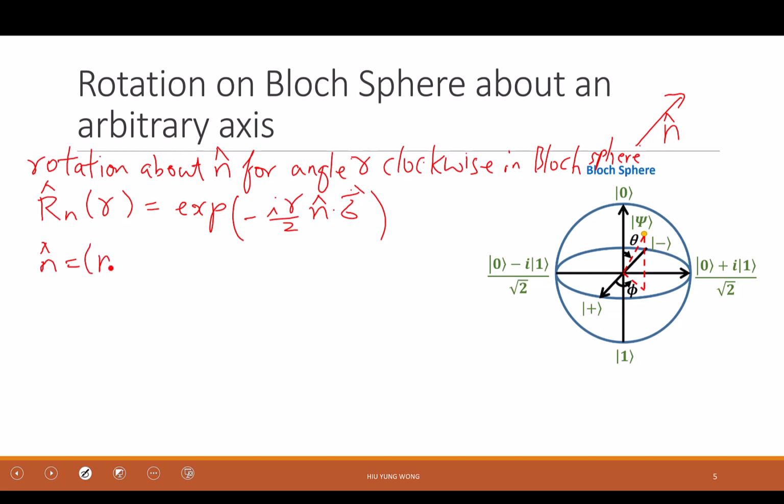So I'm going to say its components are nx, ny, and nz. Basically, if I have a coordinate here, z, x, and then y, this equals nx, ny, and nz. It's just a regular 3-dimensional vector. Is it okay?